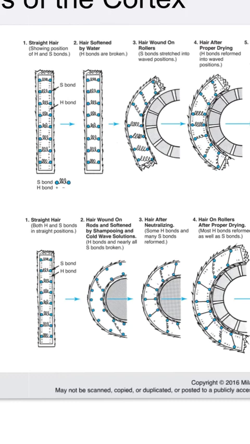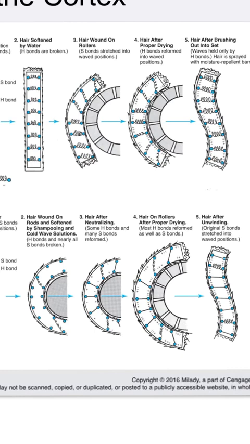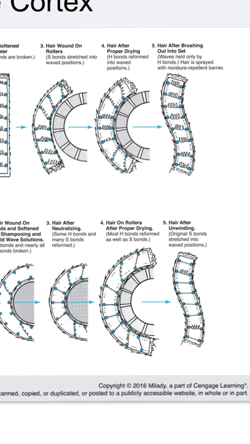The S bonds are stretched into waved locations. After proper drying, the H bonds have now reformed into a waved position. As you take the rollers out and brush the hair, as shown in Figure 5, the waves are held only by the H bonds. The hair is sprayed with a moisture repellent barrier.